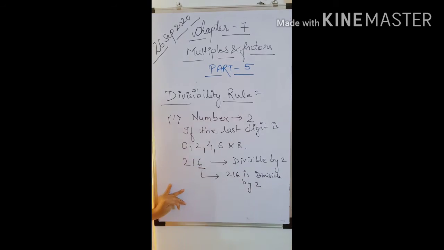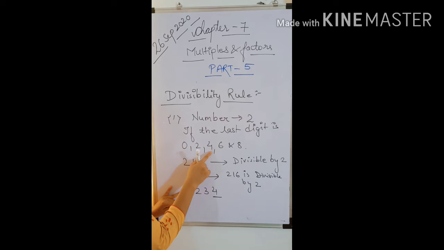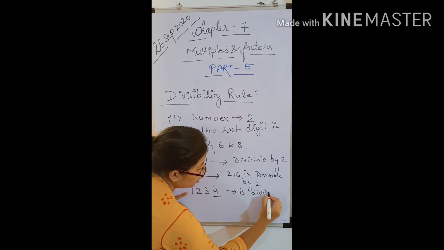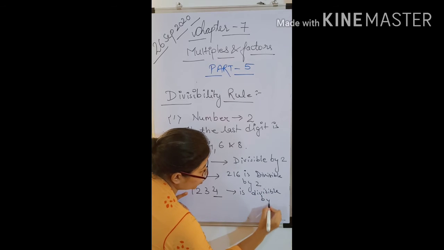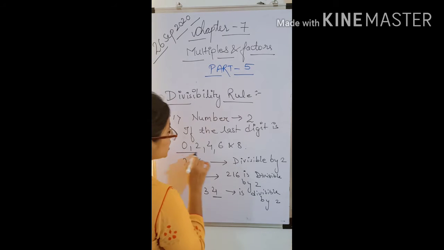Suppose I take one more example. The last digit of the number is 4. Again we know if the last digit is 4, it is divisible by 2. So this is the rule of the divisibility test for 2. Now how will you check the number for 2? By looking at the last digit of the number.